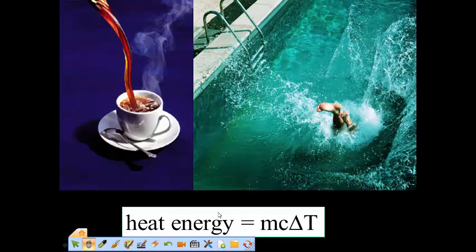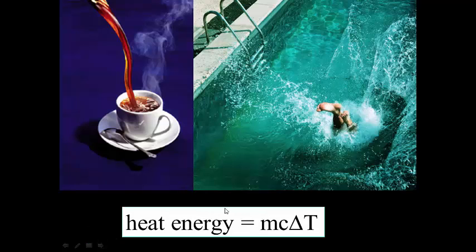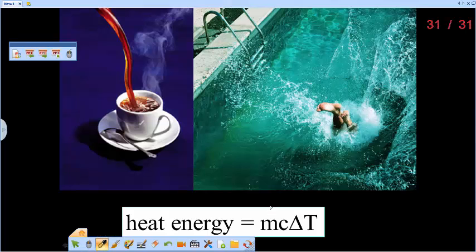Heat is a mathematical calculation that uses the mass of the substance, the specific heat of the substance, and the temperature of the substance. So we can say that the hot cup of coffee obviously has a higher temperature, but there's much more water in the swimming pool.